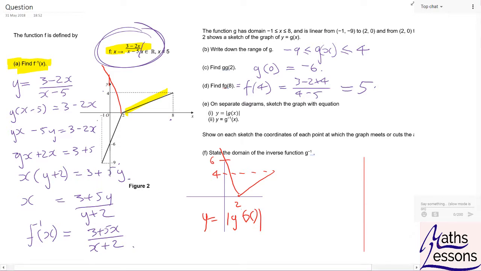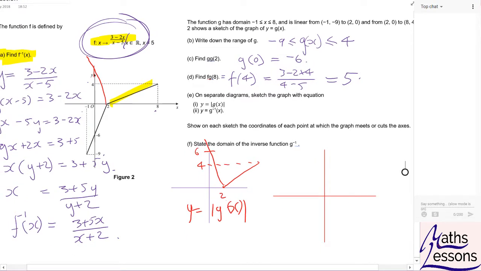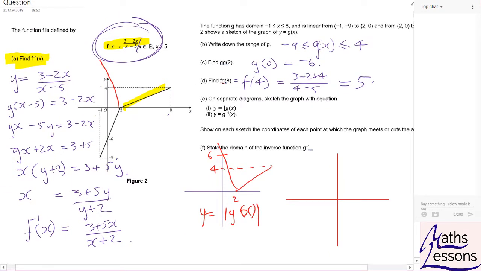So get myself another pair of axes. Move it a bit. There we go. And we want to find the inverse function of g of x. Now we know that g of x is something like this, followed by that. What we also should know is that the inverse is a reflection of g in the line y equals x.